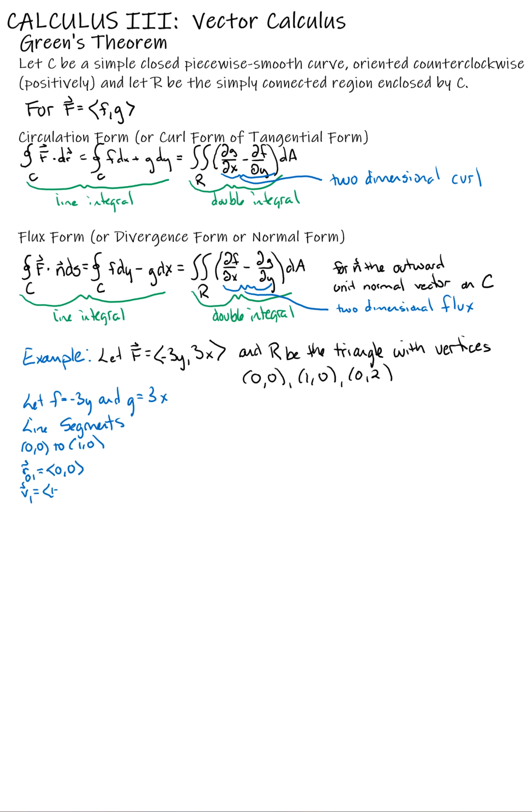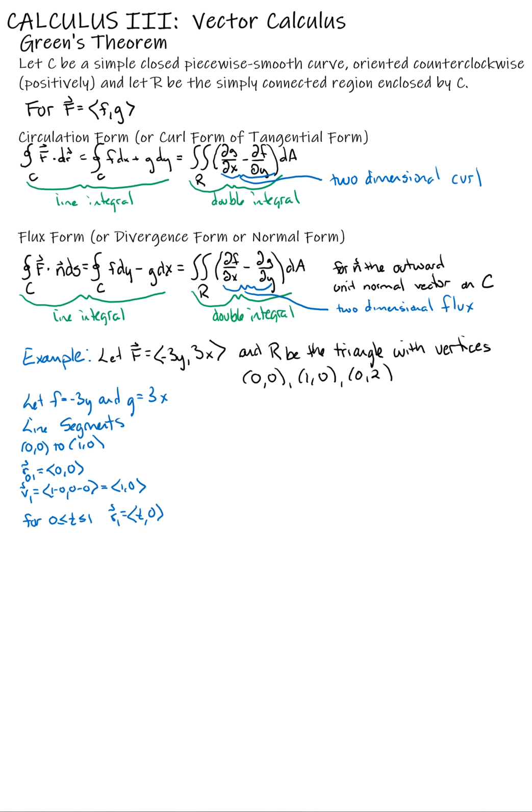That is (1 minus 0, 0 minus 0), which gives us the vector (1,0). And this is for our parameter t going between 0 and 1. Then r1 would give us (t,0). Again, please review how to find equations of lines or line segments.